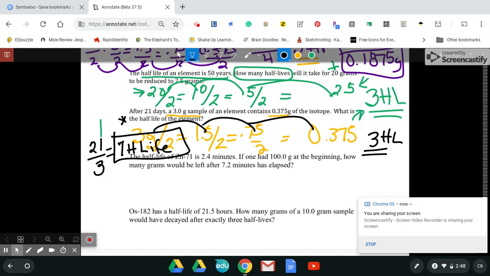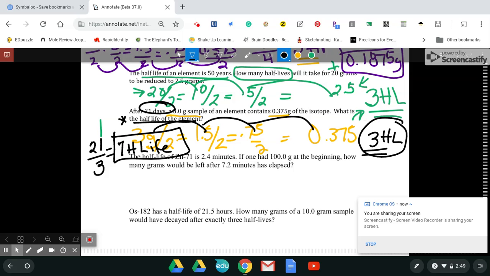So once again, that was my fault. I was looking at the problem wrong. It says, what is the half-life of the element? So we first figured out how many half-lives we got. Then we took our days that it took to do this. So 21 days, we went through 3 half-lives. That will let me know what my actual half-life of the element is.